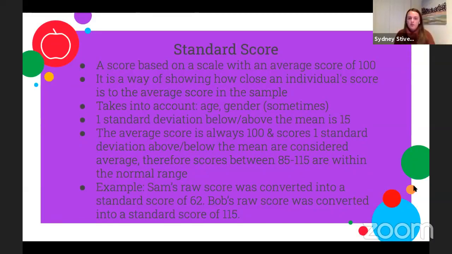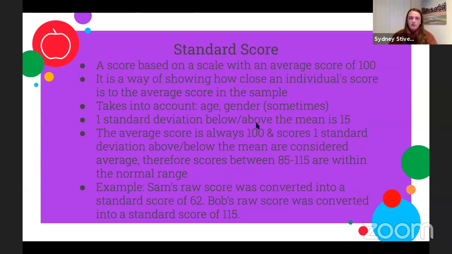We remember for standard scores, average is 100, scaled scores, average is 10. Same as the standard score, it's a way of showing us how close an individual score is to the average score in the sample. One standard deviation below and above is 3. So therefore, the average scaled scores are between 7 and 13.